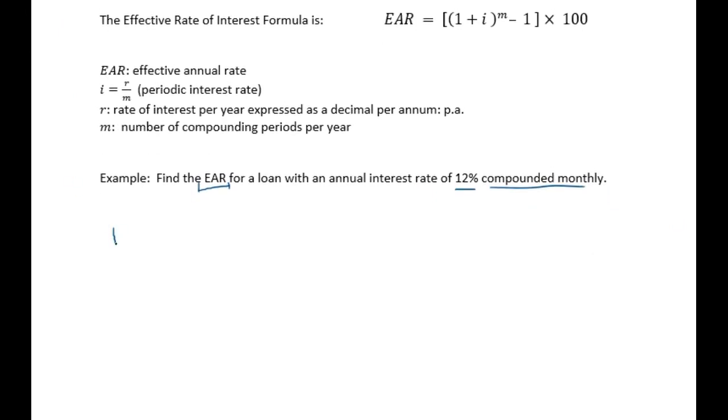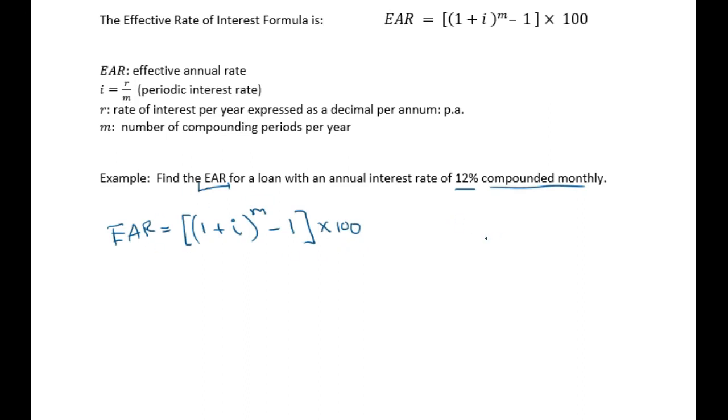Our formula is EAR equals, square bracket, 1 plus I, to the exponent m, then minus 1. After you've done that, you multiply by 100. So it's important to do step 1, the inside bracket, step 2, the exponent, step 3, subtract, and then step 4, only at the end, the multiplication.